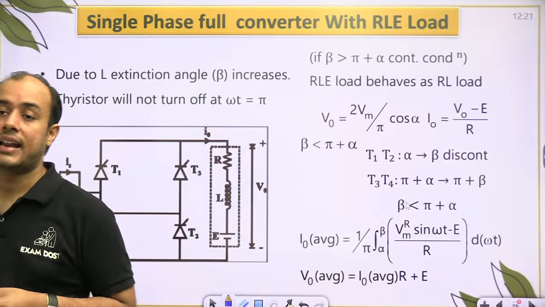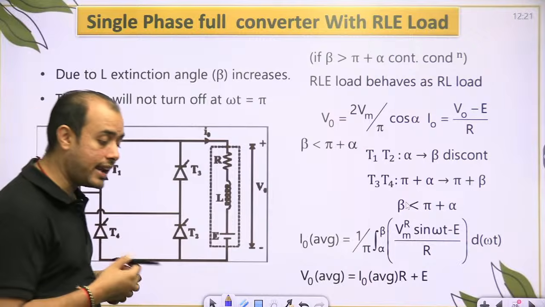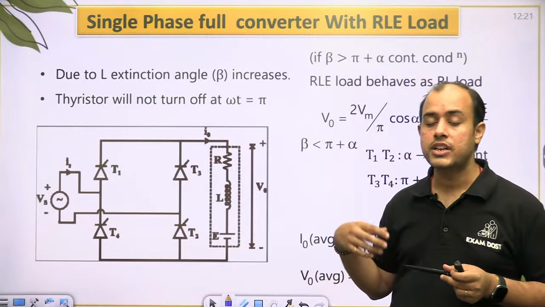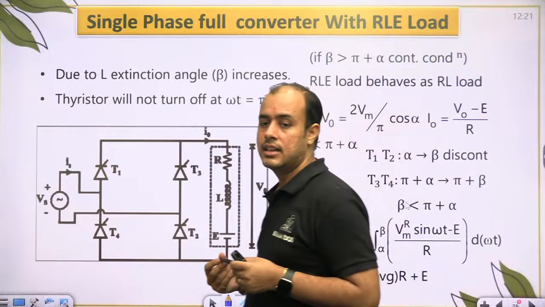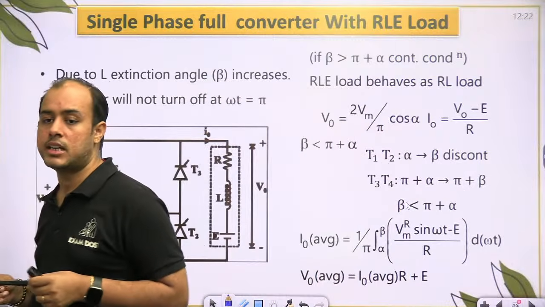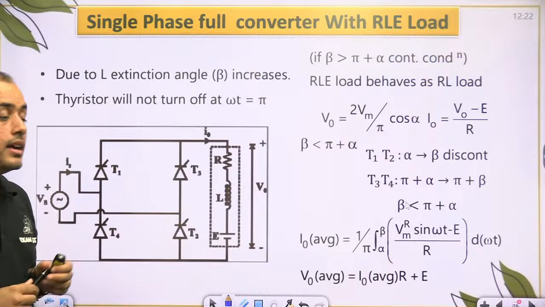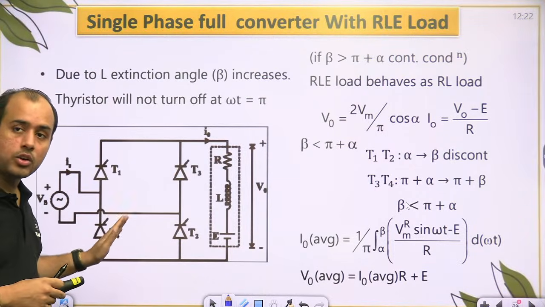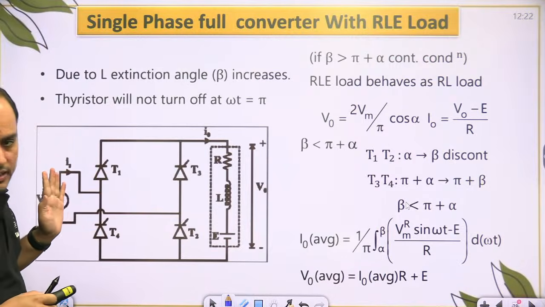What about RLE load? In RLE load, beta, due to inductor, the conduction will go beyond pi minus theta. But now remember, T3, T4 are going to start at pi plus alpha.